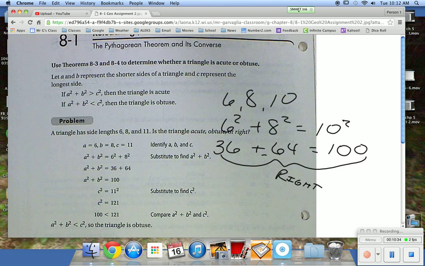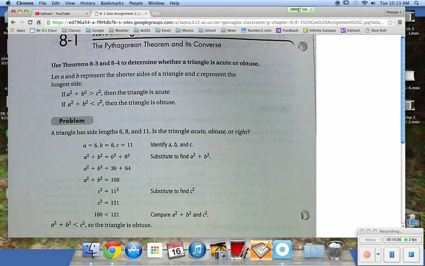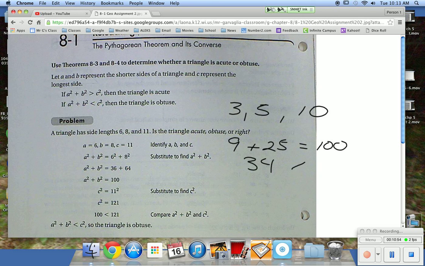If we take three numbers, 3, 5, let's go 10, and we put those in, so 3 squared is 9, plus 5 squared is 25, and 10 squared is 100. What we end up with here is 34 is less than 100. What kind of triangle is it then?